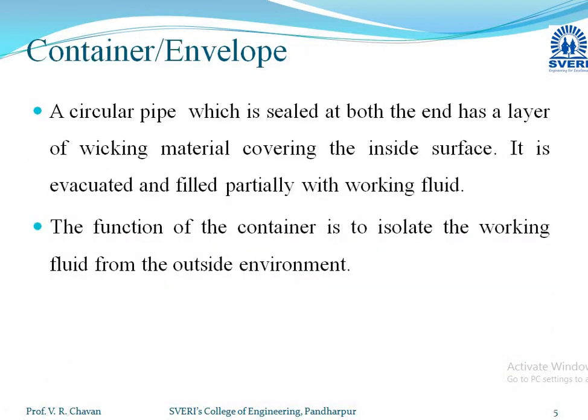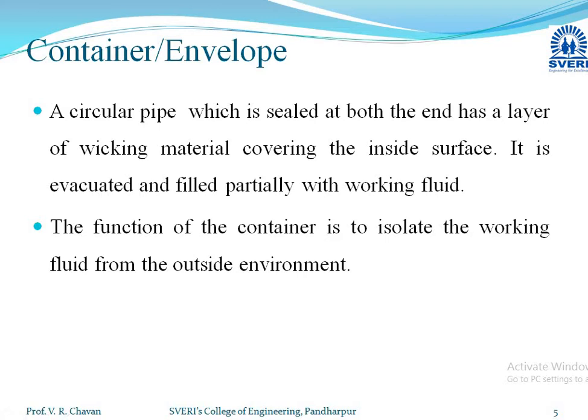Now what is the function of the container or envelope? A circular pipe which is sealed at both ends has a layer of wicking material covering the inside surface. It is evacuated and filled partially with working fluid.